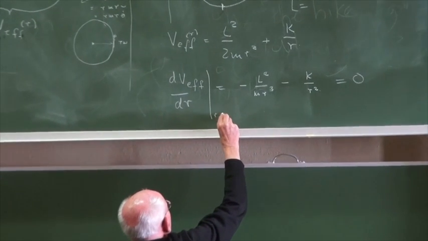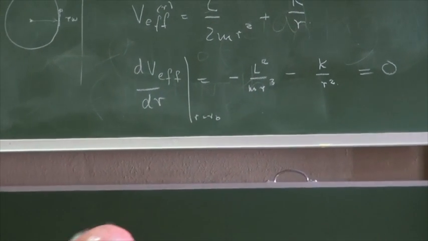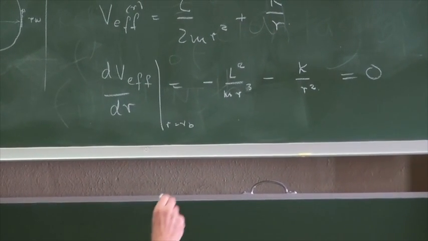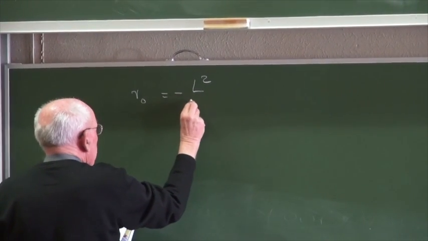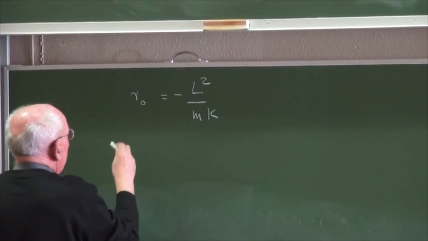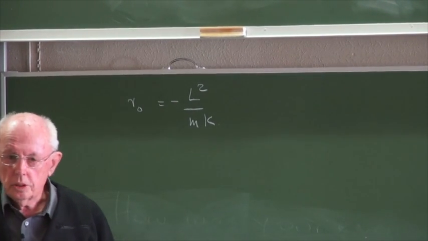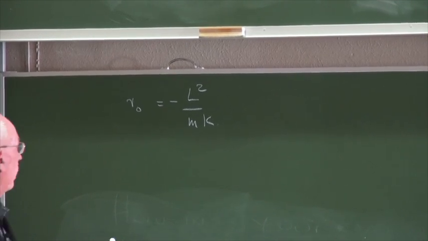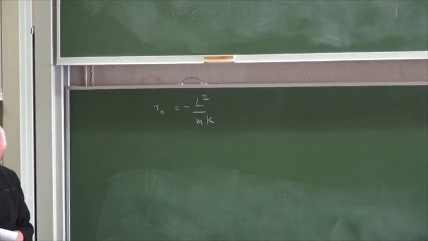At R equal to R0, that will be 0. So I can put 0 there. And then I can solve, I can put that one up there and that one there. And I get minus L squared over mk. So k is a constant, m is a constant, L squared is the angular momentum which I chose to start off with. And then I know what is the R0 that fits to that.